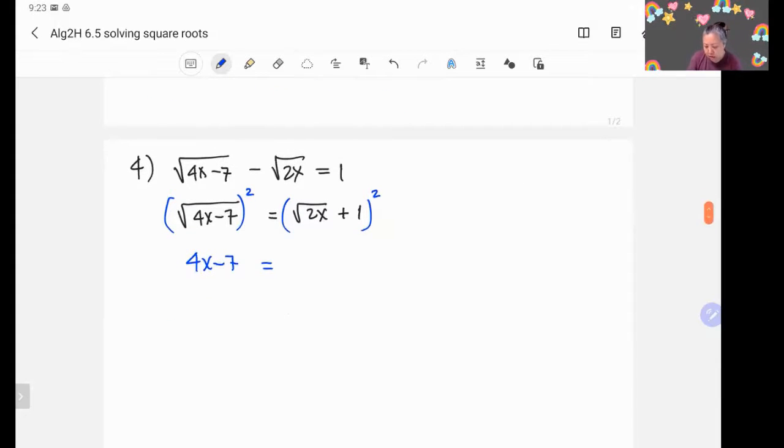The common misconception that I keep seeing over and over again is, when you square a binomial, a lot of students instantly just square the first term and square the second term, but it's not that. Always be careful, right?